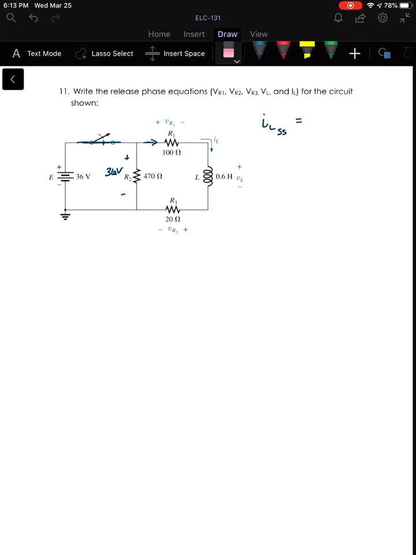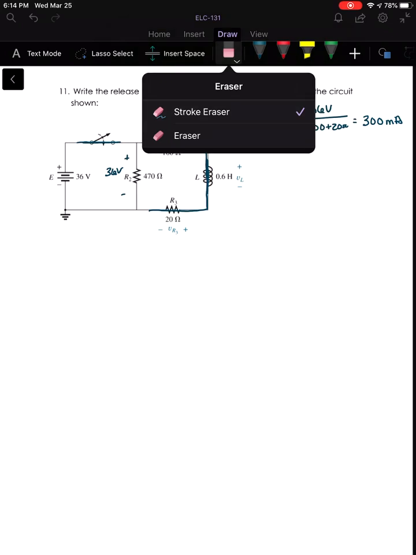So IL in steady state is going to be at the point when we have a short circuit here, and 36 volts across the 100 ohm resistor in series with the 20. That's 36 volts divided by 100 plus 20 ohms, 120 ohms, which is about 300 milliamps. So that's important to know.